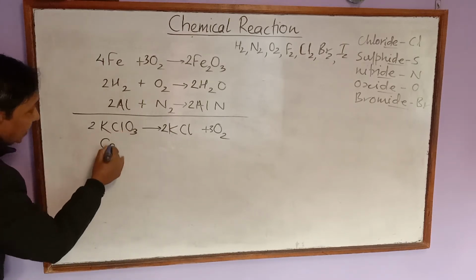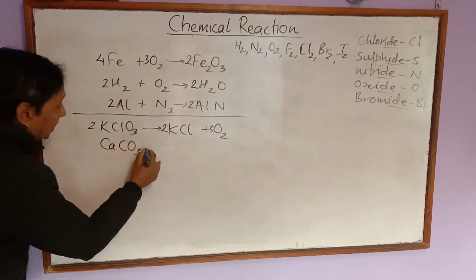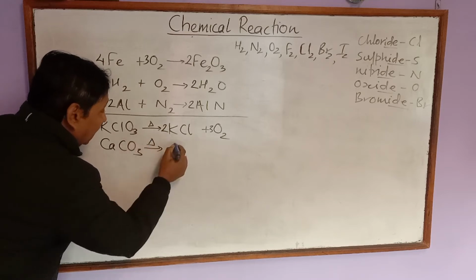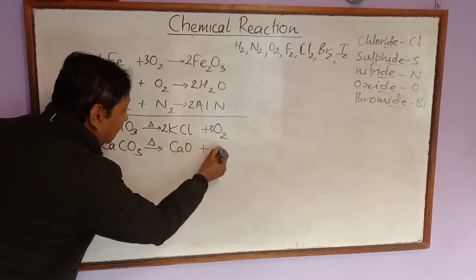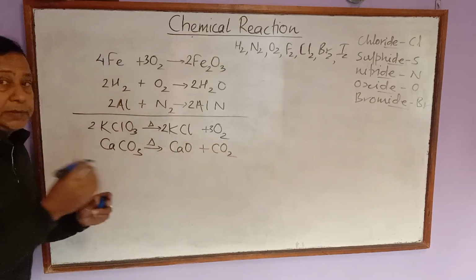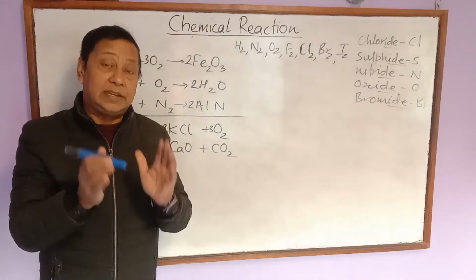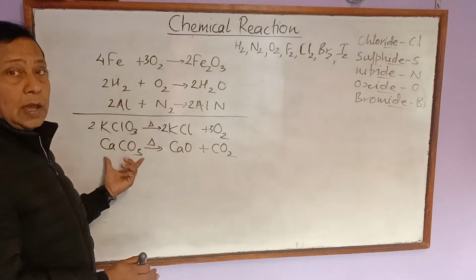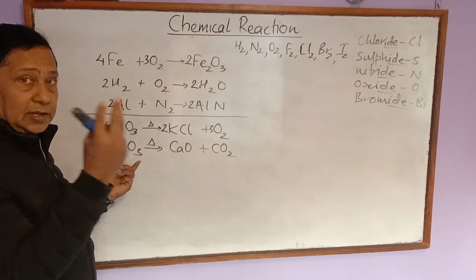Look at this. Calcium carbonate, when heated at high temperature, converts to calcium oxide and carbon dioxide gas. This is one of the methods of preparation of carbon dioxide gas on an industrial scale. Actually, calcium carbonate has 3 different forms.